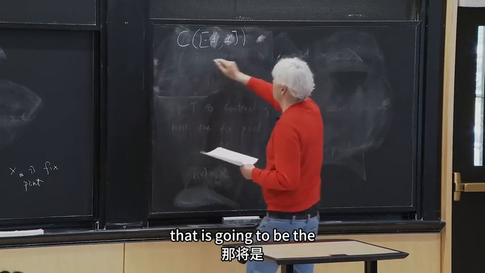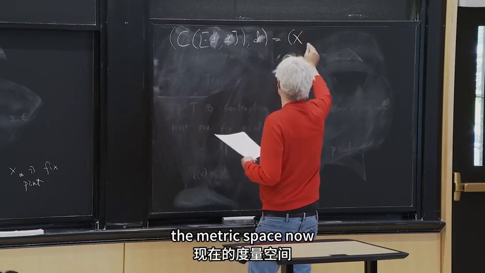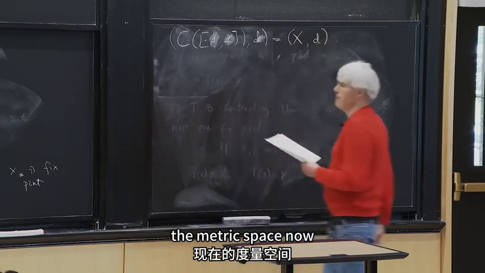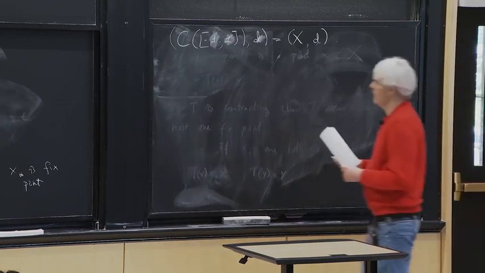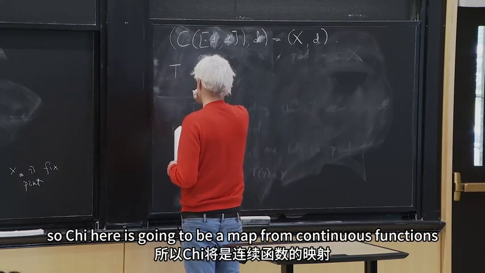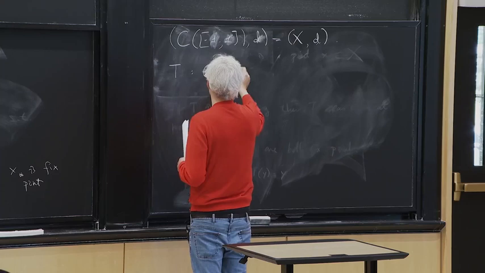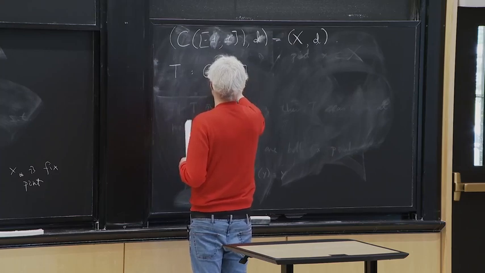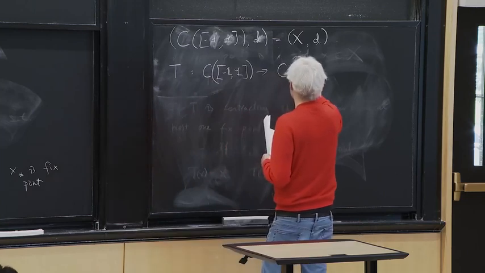That is going to be the metric space. Now, what is the map T? The map T here is going to be a map from continuous functions into the space of continuous functions.